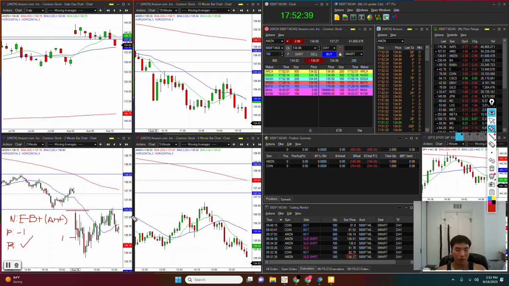So you know, next thing I'm looking for is an add. I get this green bar right here. So I'm adding 2 at around 136.5. I'm adding 2 here, so now I have 3 lots on.